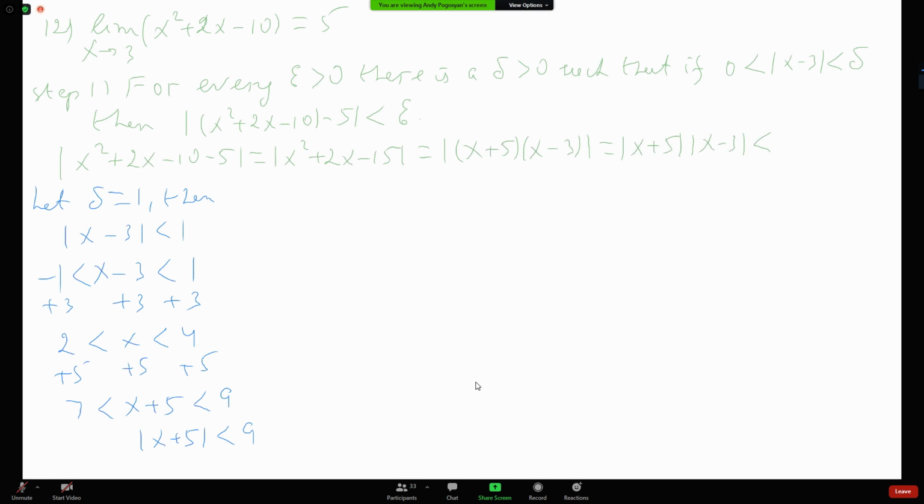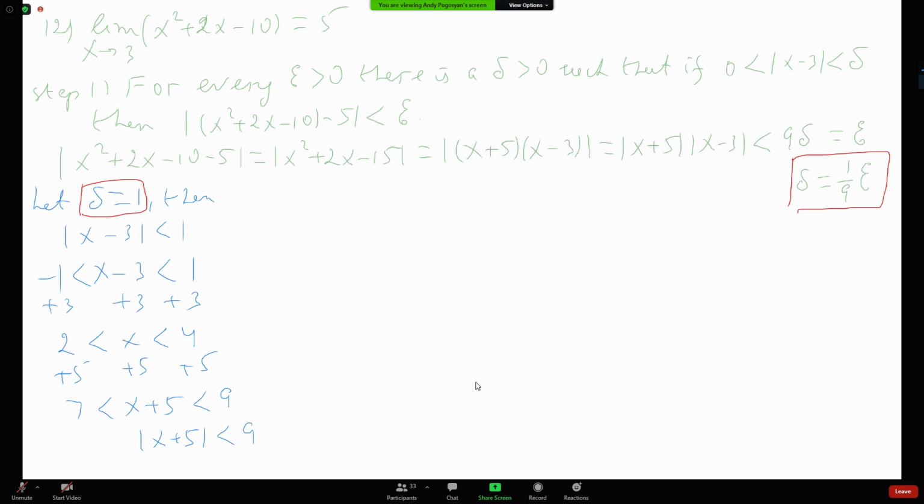So I estimated x plus 5. So this is less than 9 delta. Make it equal to epsilon. So delta is 1 over 9 epsilon. But because we have another delta here, delta is 1 and delta is 1 over 9 epsilon.